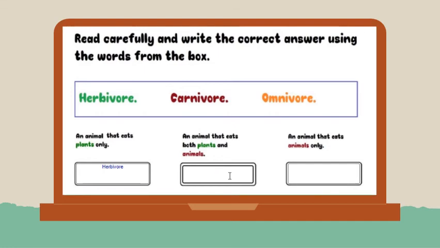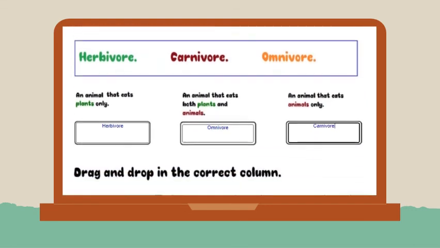Is he a herbivore, carnivore, or omnivore? Omnivores. Good job. Since omnivores are animals that feed on plants and animals together. Carnivorous animals are animals that feed on animals only.